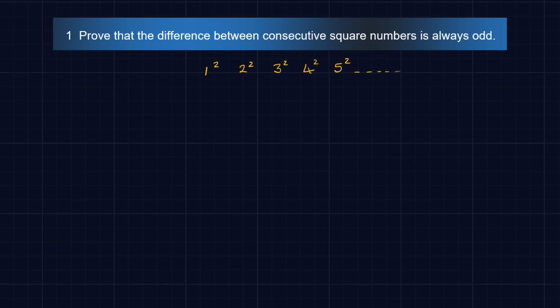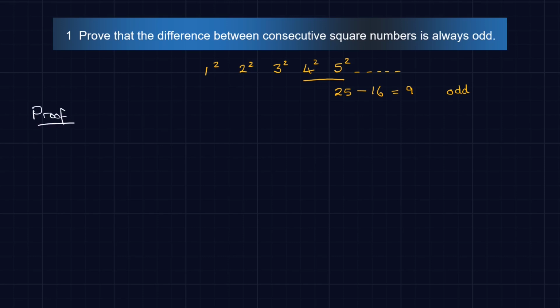Square numbers. Numbers like 1 squared, 2 squared, and so on. So consecutive square numbers are numbers like 4 squared and 5 squared, and their difference is 9, which is an odd number. We have to prove that this is true for all consecutive square numbers.